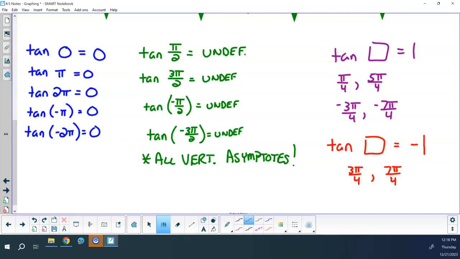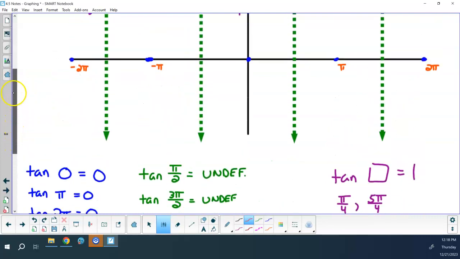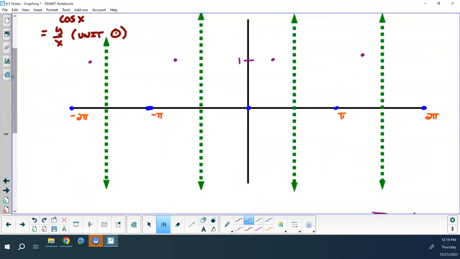Negative pi over 4 is the same as 7 pi over 4, so that's going to work. And negative 5 pi over 4 is the same as 3 pi over 4, so that one's going to work too. Okay. So we can put those values in on our graph. So that would be here, here, here, and here.